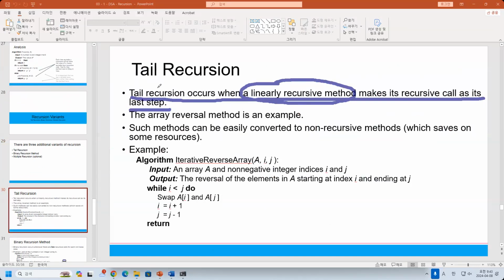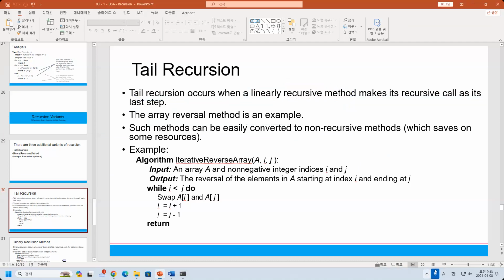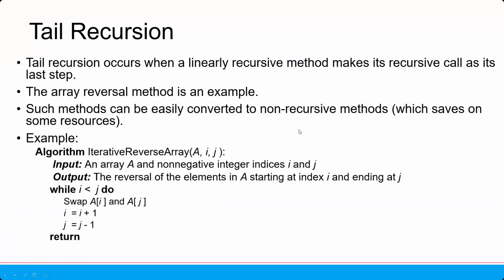So we call this tail recursion. The example is the array reversal method. But maybe some of you, if you already understand the for loop, may ask what is the difference between the recursive and the non-recursive method?